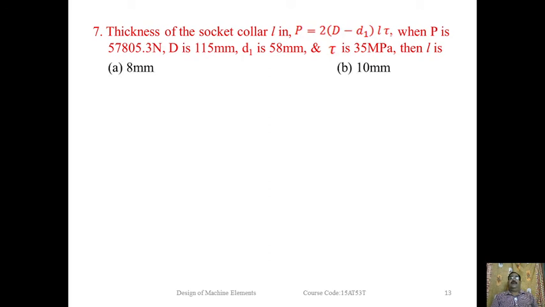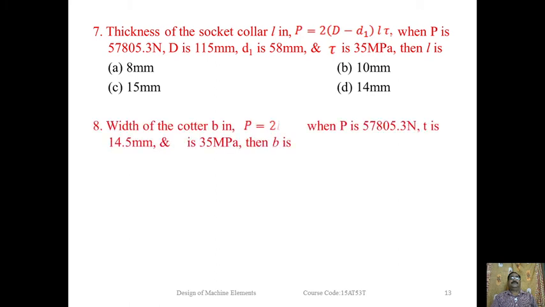Then the value of L. The options are A, 8 mm; B, 10 mm; C, 15 mm; and D, 14 mm. Here we get the value of small l as 15 mm, so the option is C. C is the correct answer.